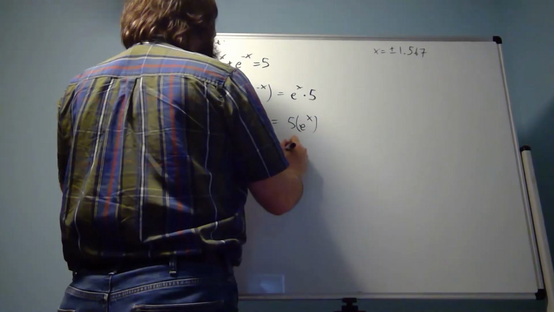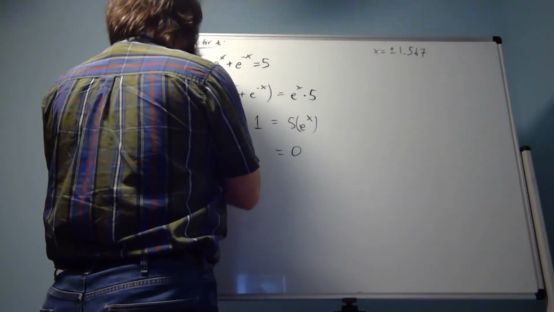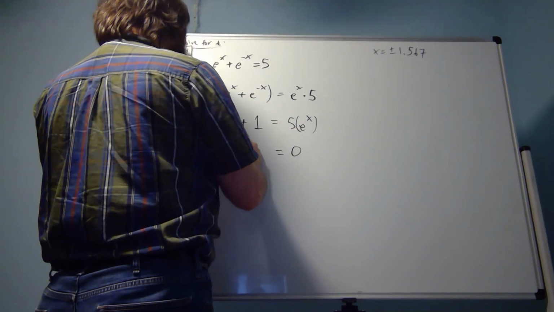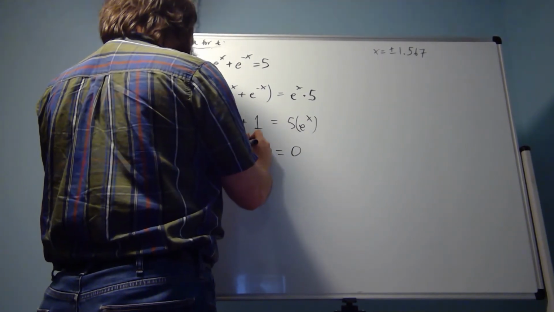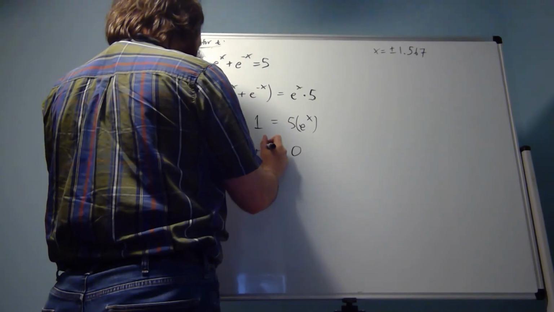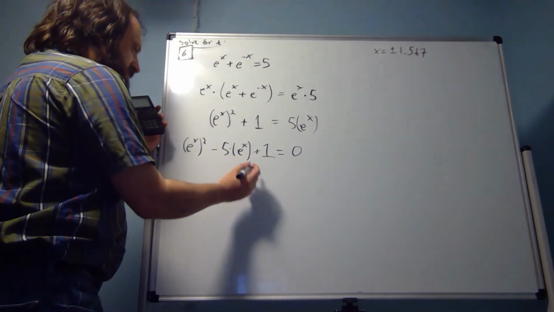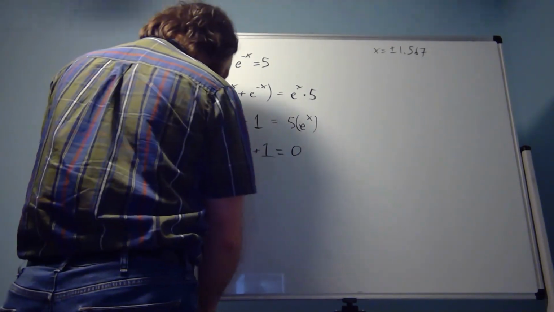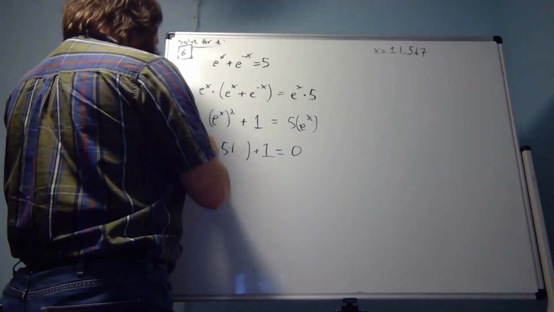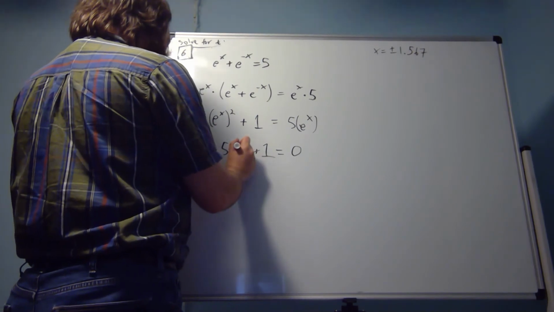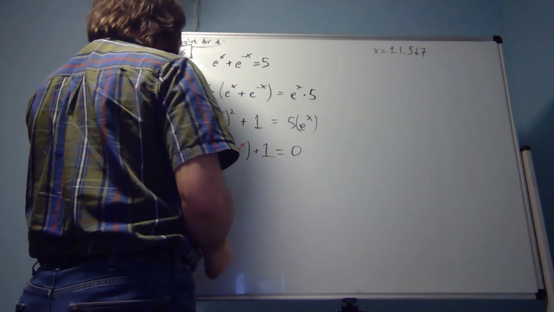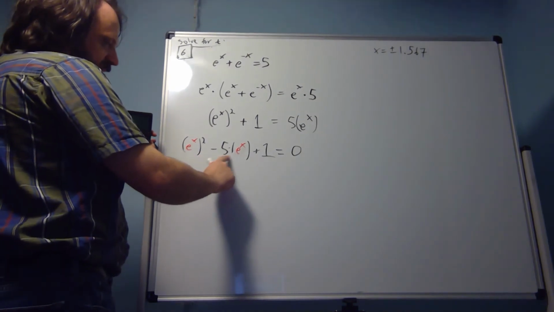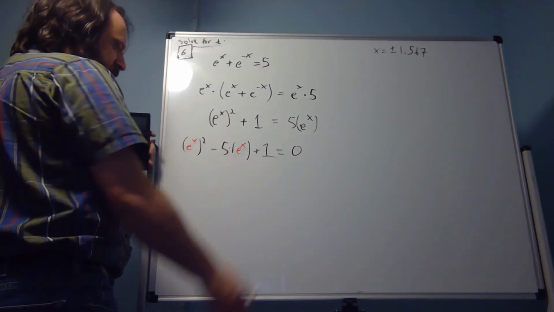So e to the x is the variable, and we've got a quadratic, but it's not x, it's e to the x every place that we need x. So this red e to the x, if I thought of that as capital X, it'd be capital X squared minus 5 capital X plus 1 is equal to 0.